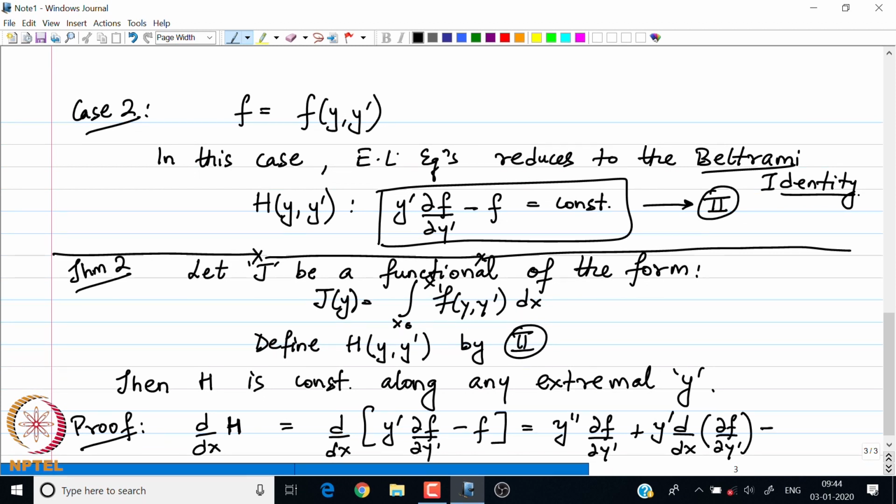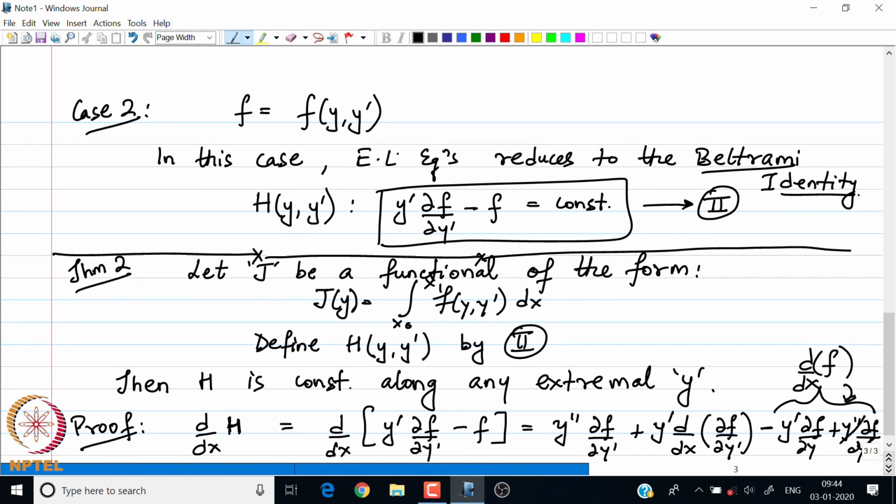So, then the other terms involve y prime del f del y plus y double prime del f del y prime. Okay. So, we will see that this quantity is nothing but the ordinary derivative of f with respect to x. So, all we have done is we have used the chain rule.